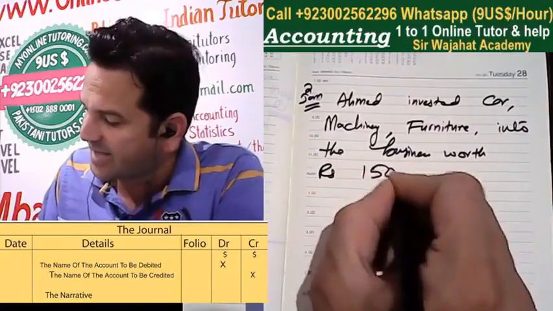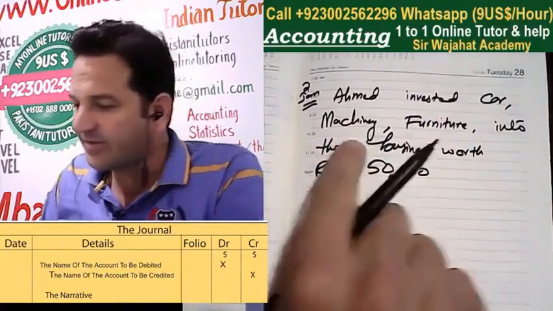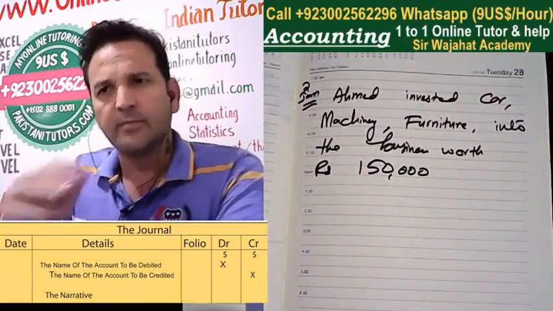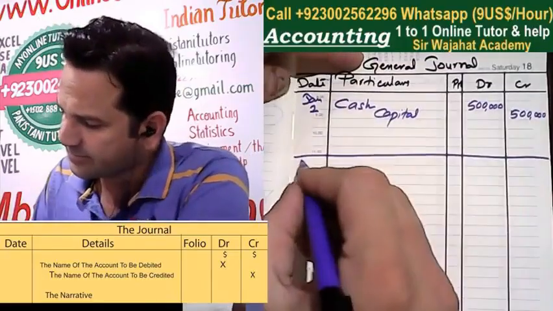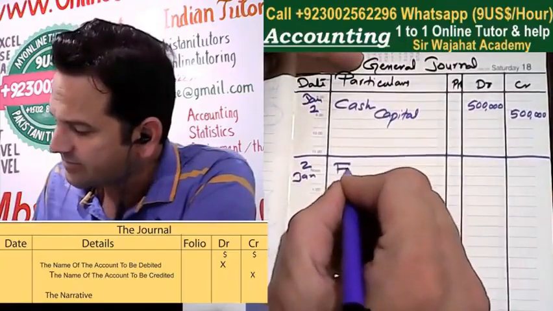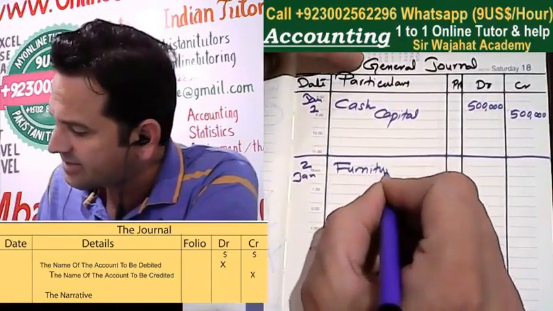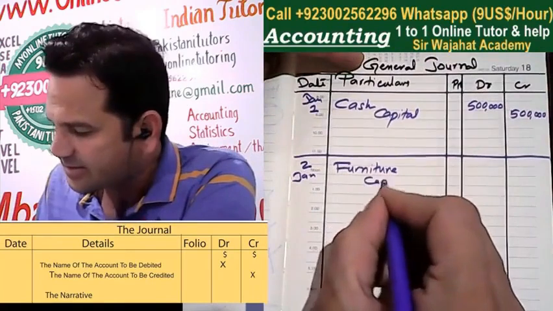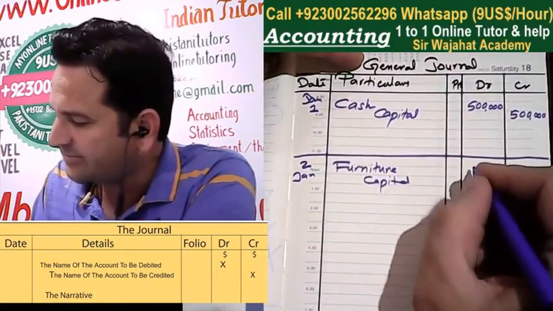Now either he has invested a car or machinery or furniture. Let's clarify. If he invested furniture on the 2nd of January, then you would say furniture debit, capital credit.